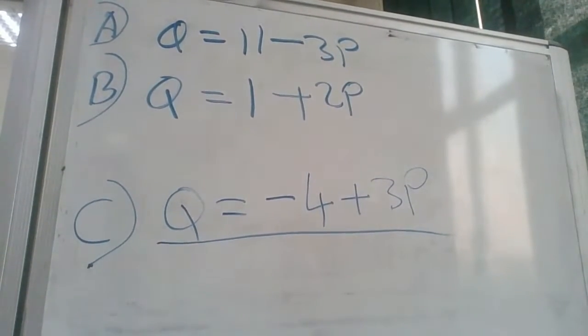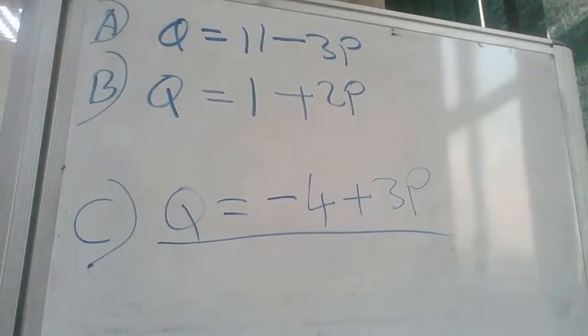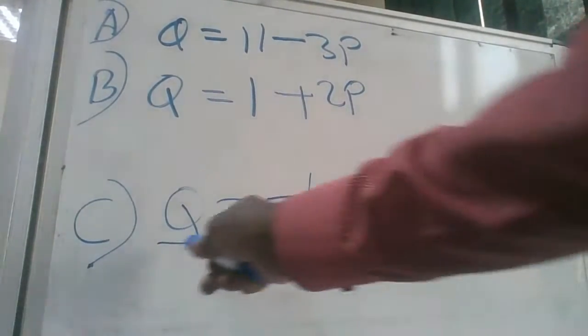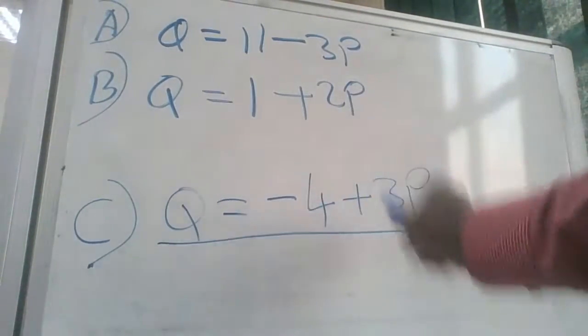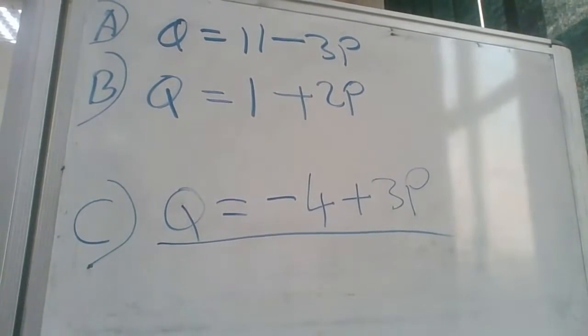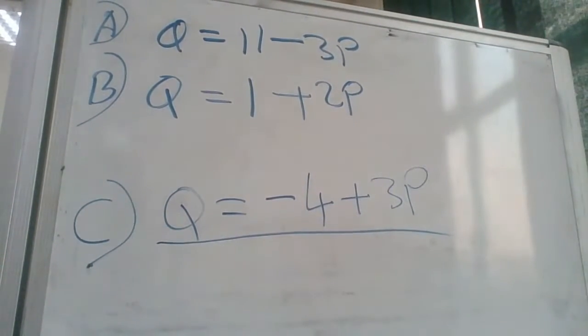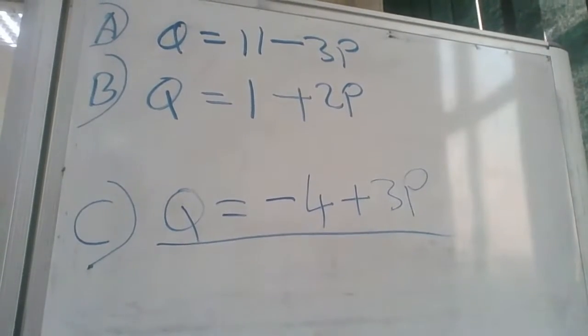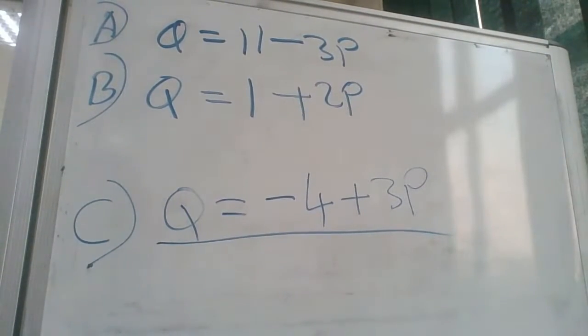Chabu says it's clear. We want to know which part of this function led to your conclusion that it's a demand function. Okay, it seems the people on the demand side are done.